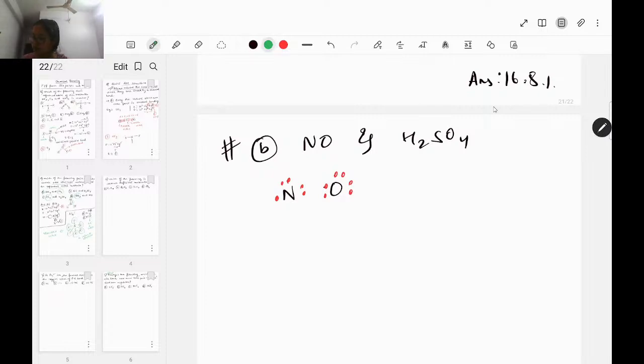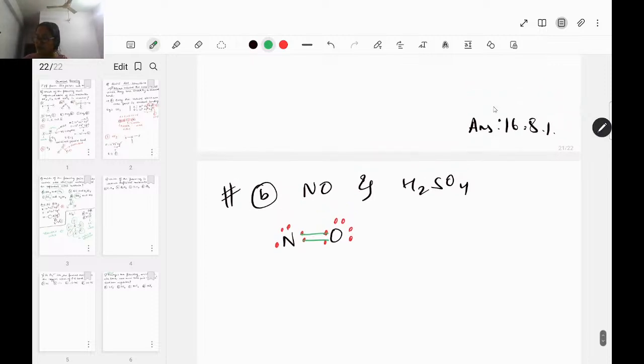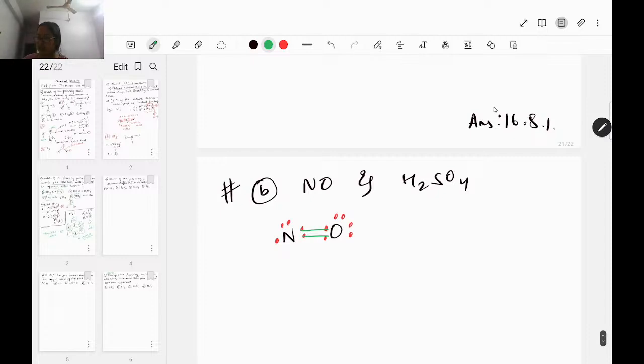What happens over here is there is a double bond between nitrogen and oxygen. Oxygen is fully satiated but nitrogen is not, so it becomes an odd electron molecule. A triple bond also starts to form between the nitrogen and the oxygen moiety. But you see this electron is not paired.